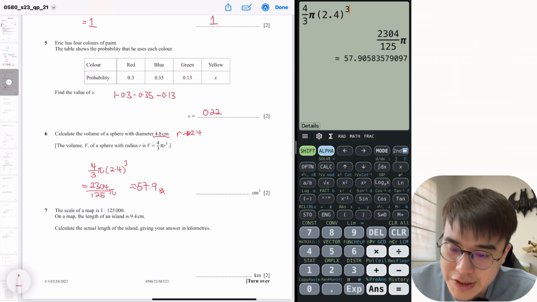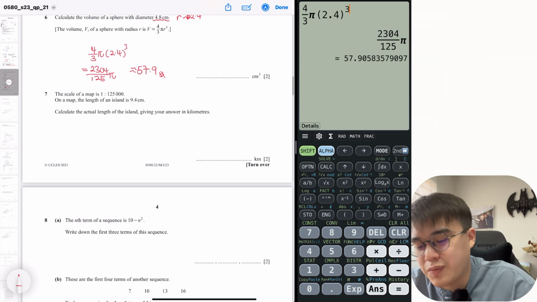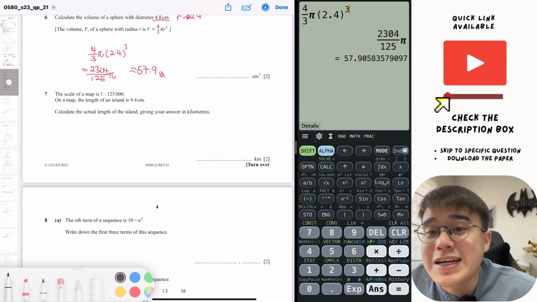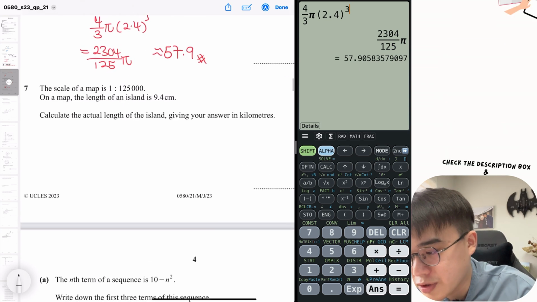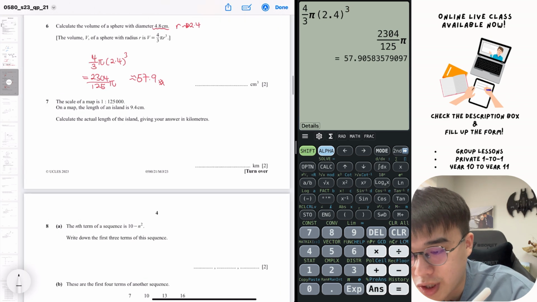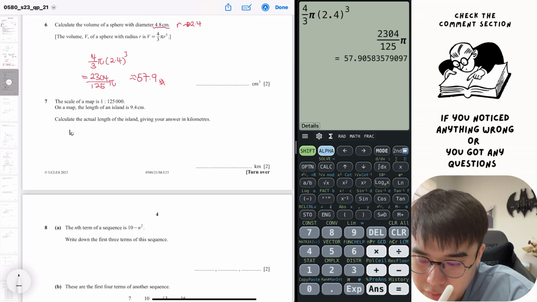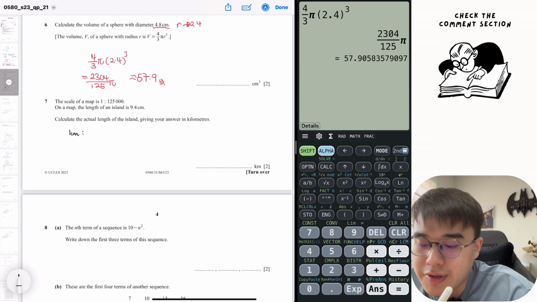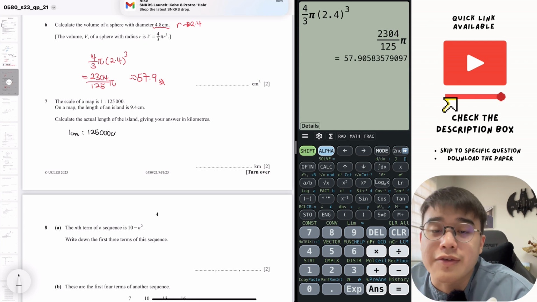And moving on to question 7, it's been a while since they asked this. This is actually one of my favorite questions here. It's actually the scale thing. I'm not sure whether you guys are aware how to solve this. You just have to take note, 1 cm on the graph is actually 125,000 cm in real life.